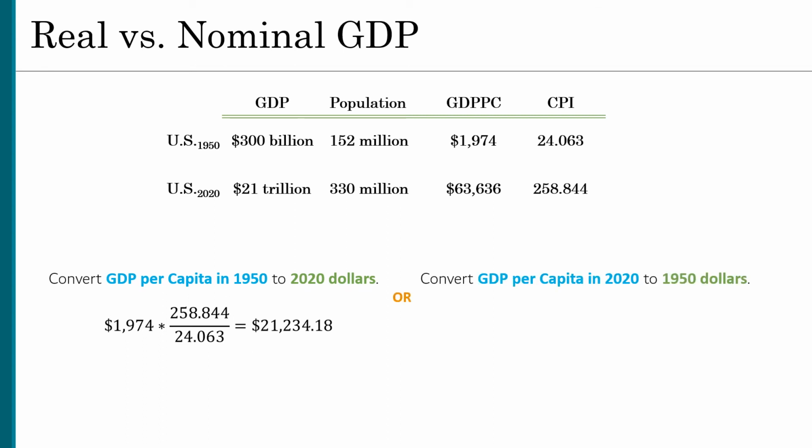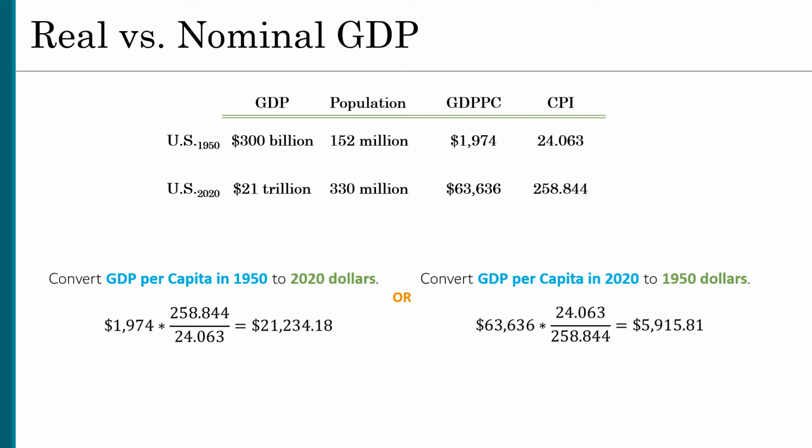If we convert GDP per capita in 2020 to 1950 dollars, this is what we get. $63,636 times the destination year CPI of 24.063 divided by the starting year CPI of 258.844 gives us a real GDP per capita of $5,915.81.